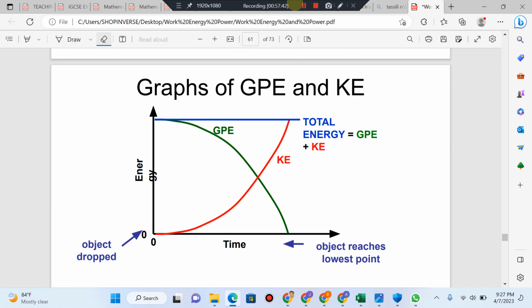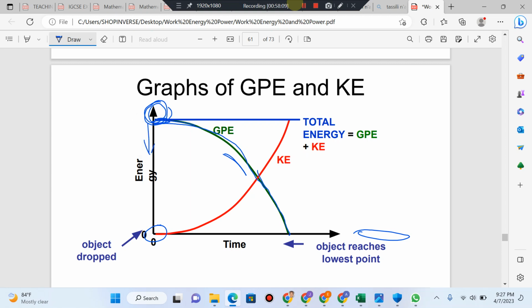If you follow this green line, you see that at the beginning the gravitational potential energy is maximum, and while it's falling, the gravitational potential energy begins to reduce and reduces to zero when the object is about to land. But at the top of the table, its kinetic energy was zero.